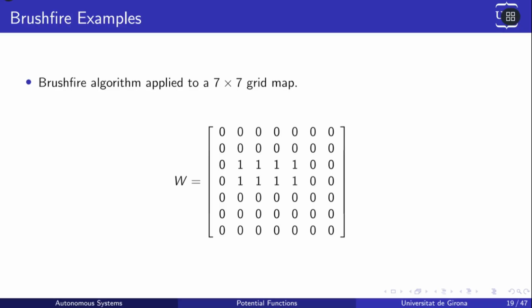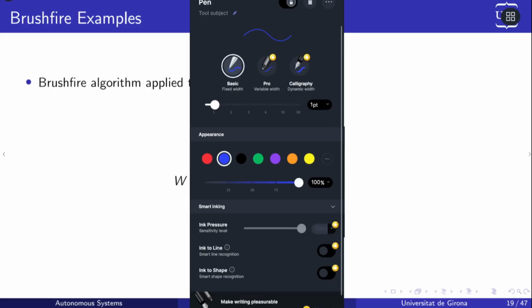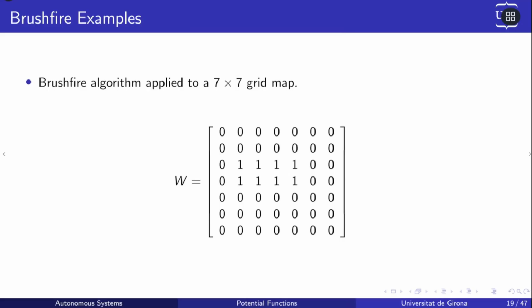The first thing that we will do is to set all these elements. I don't remember in this experiment if I use connectivity 4 or 8. Let's do connectivity 4.